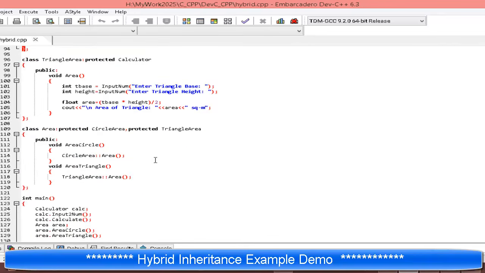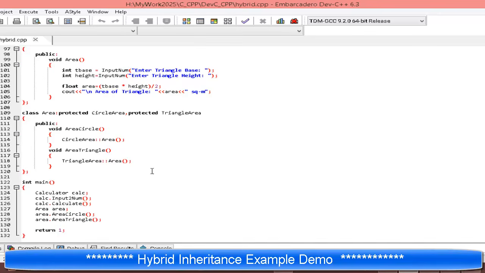Finally, I am using the class area and using both the circle area and triangle area classes. In area circle I am calling the function circle area colon colon area, and in area triangle, the triangle area colon colon area. Now the int main function creates the calculator object, calcs, and calls the functions input two numbers and calculate.